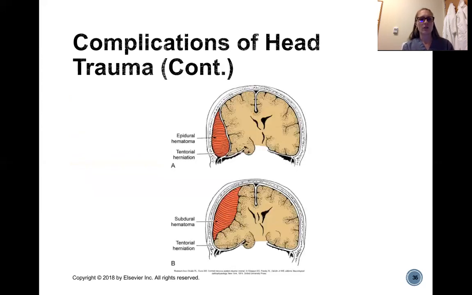You can see an epidural hematoma and a subdural hematoma, and you can see how they impact the brain and where we end up with a herniation of the brain, which is going to be pretty drastic if we have herniation. So any type of hemorrhage, we're going to need to intervene very quickly to mitigate the damage that occurs.